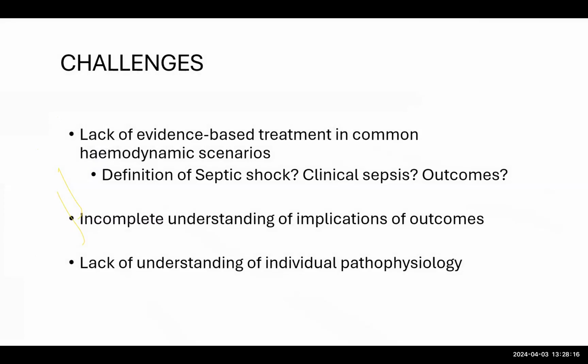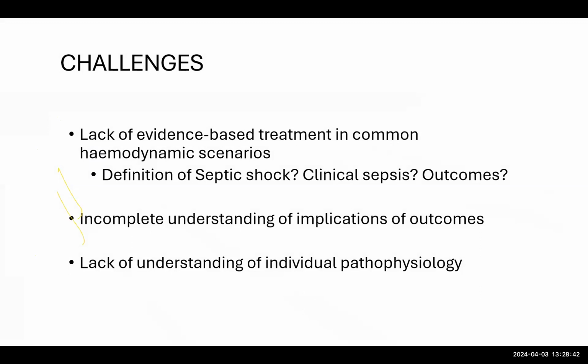To further complicate it, there is a lack of evidence-based treatment in lots of common scenarios. For example, when you talk about the definition of septic shock, does the literature use the same definitions? The problem is we don't have a unified definition of septic shock. In a lot of the literature comparing different treatments, they also include clinical sepsis in septic shock.